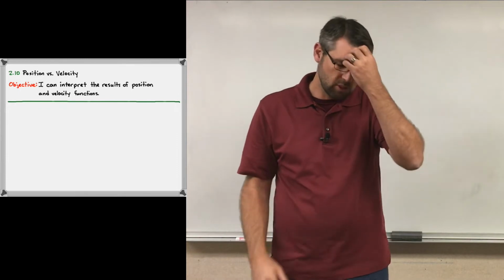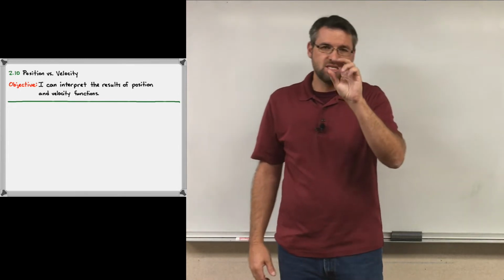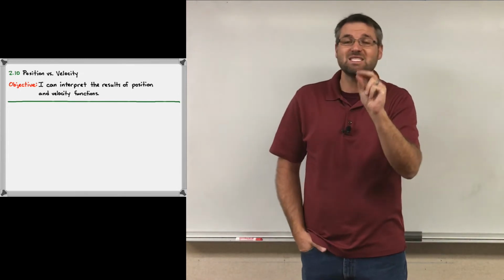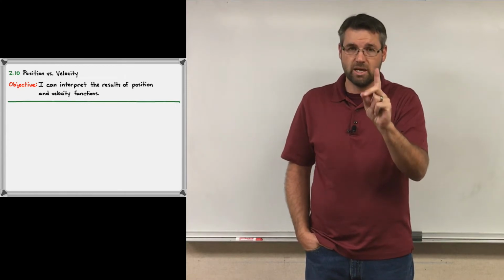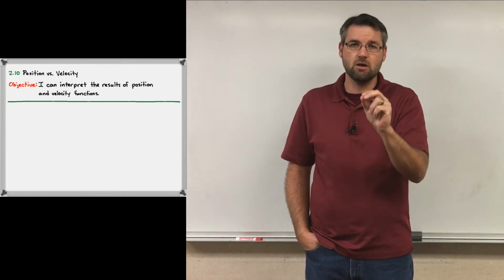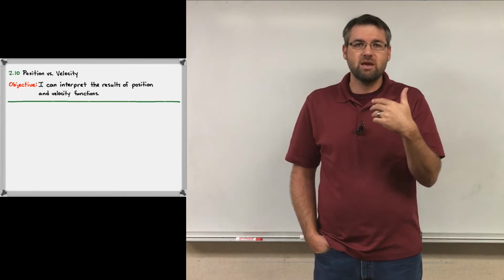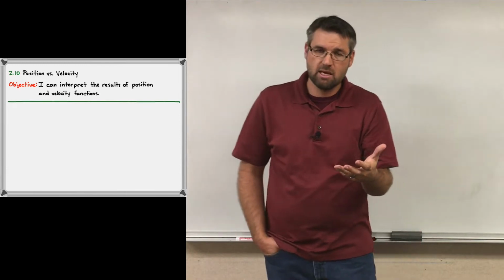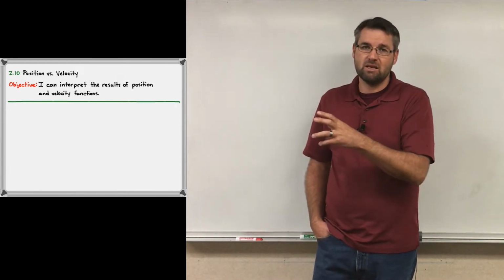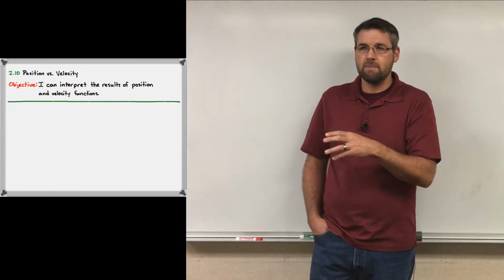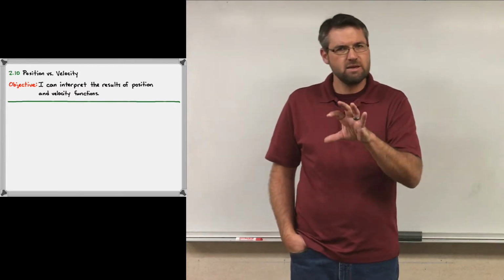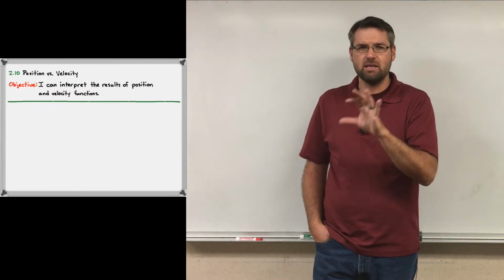So speed and velocity are the same thing, with one exception: velocity tells us which way we're going. If we have a negative velocity, that means we are moving in the negative direction, okay? Understanding the difference between those two things is going to be vitally important.